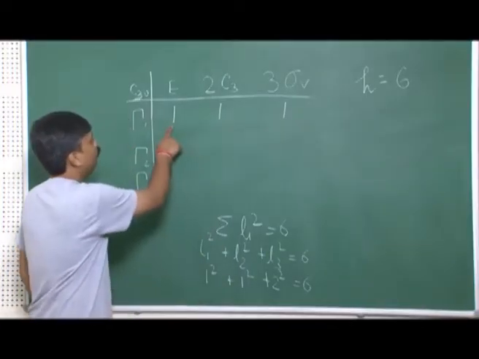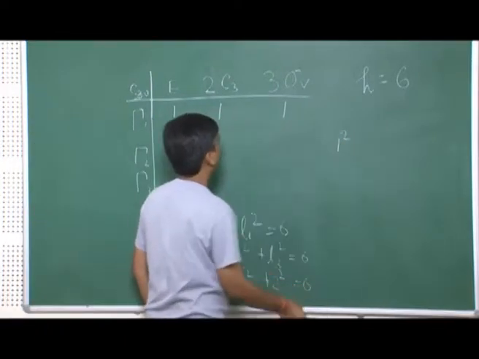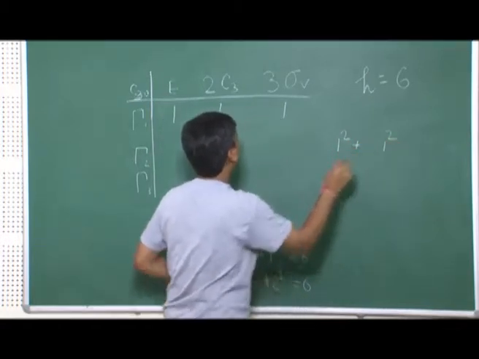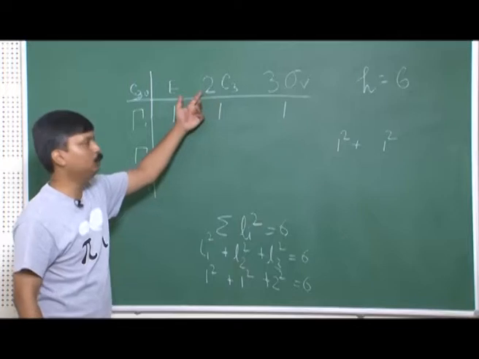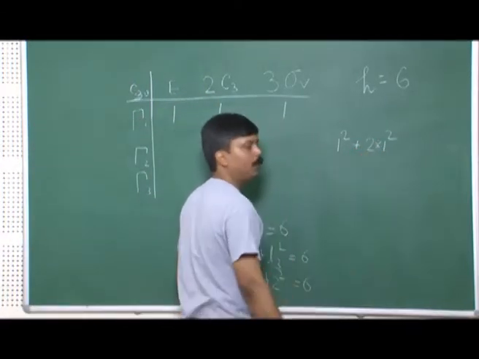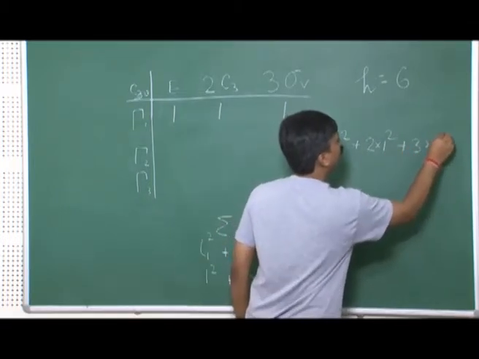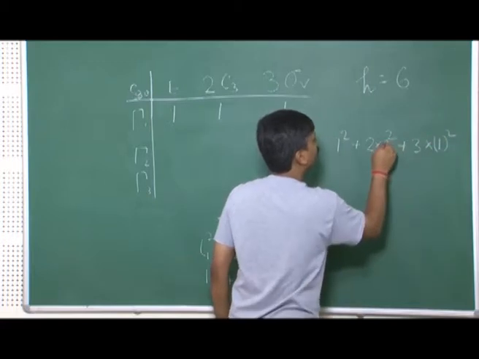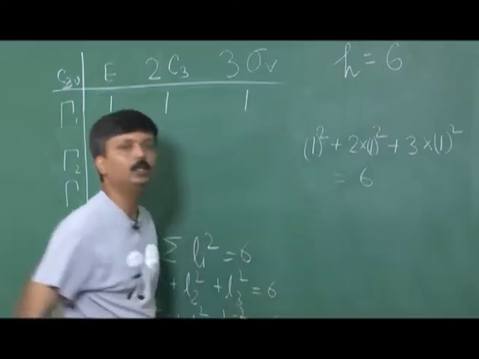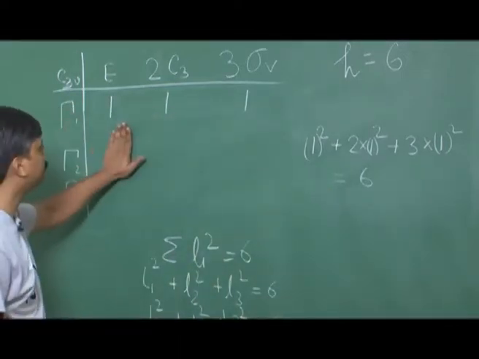So here if we look at that, 1 square plus again 1 square, but I have to remember there are 2 operations here, that is why this 2 is written here. So I have 2 multiplied by 1 square, and similarly here I have 3 into 1 square, correct. So this is equal to 6. So we have verified that, and we can verify for each one of these IRs.